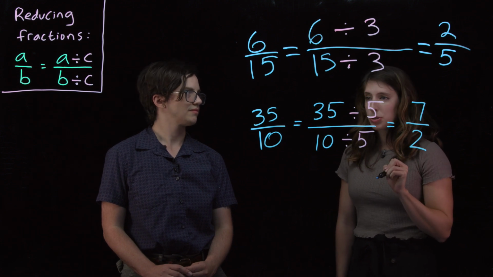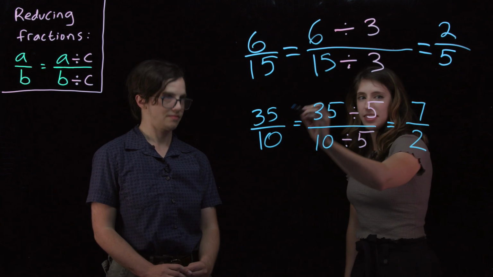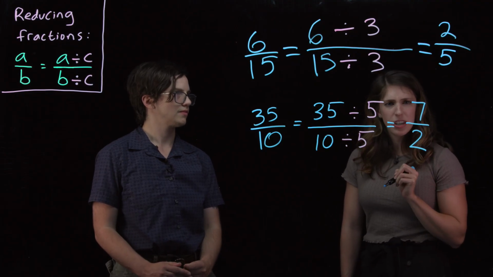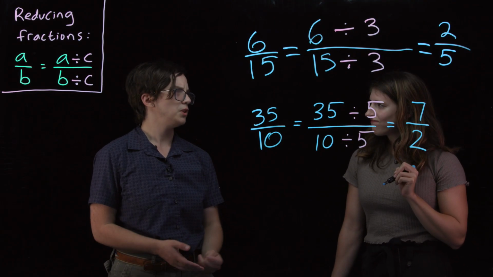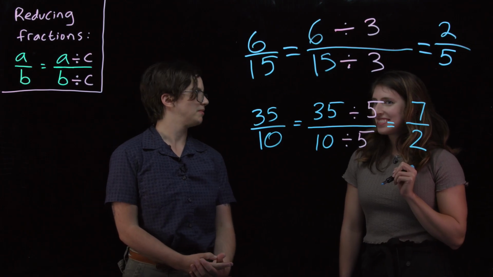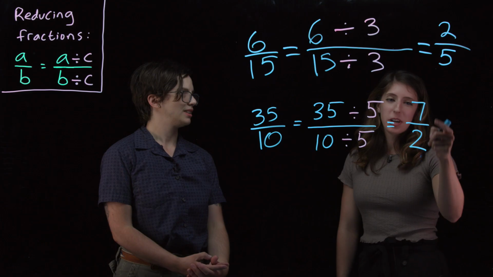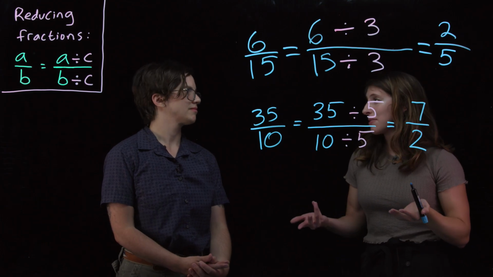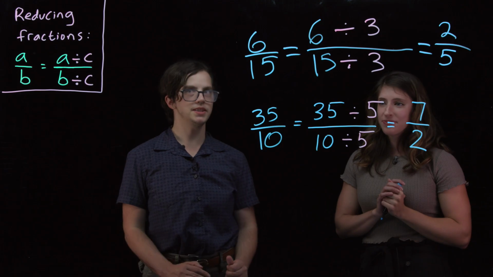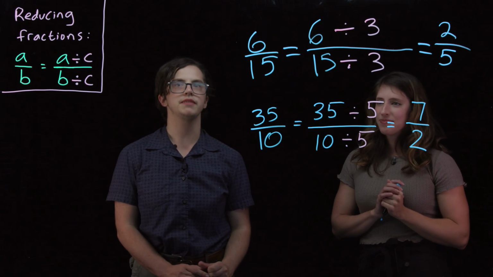So the reduced form of 35/10 is 7/2, which does look quite a bit more simple. And are we done reducing? Well, let's try dividing them both by 1 and see if we can get any further. Well, again, even though 1 goes into both, that's the only factor they have in common. Yep. So we're done. Yes, so 7/2 is the reduced form of 35/10.